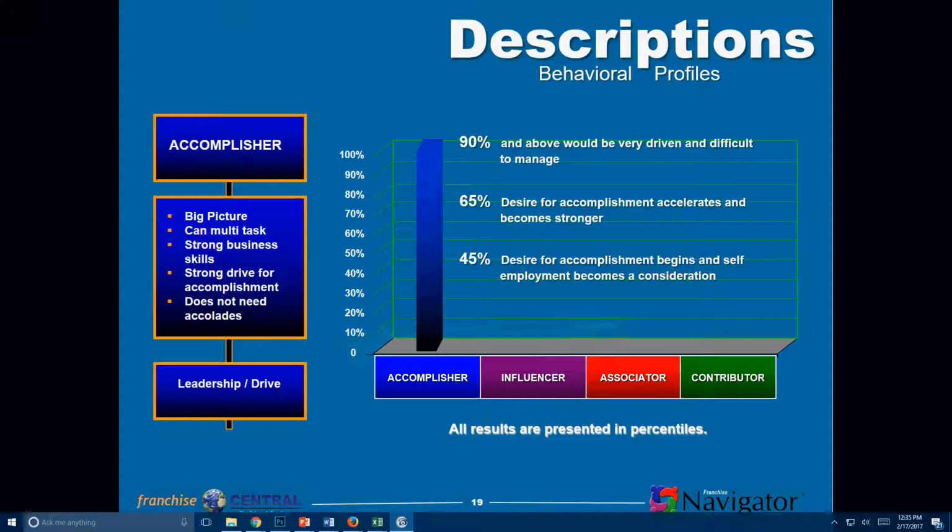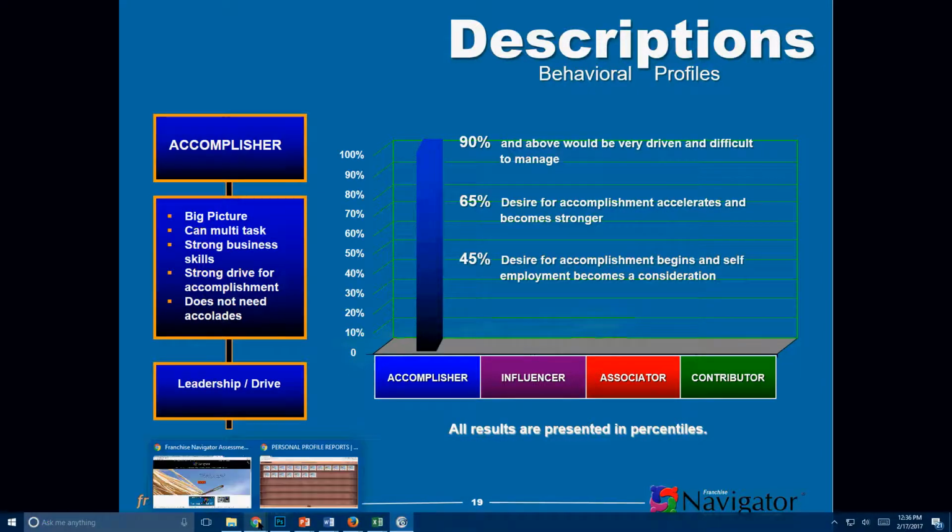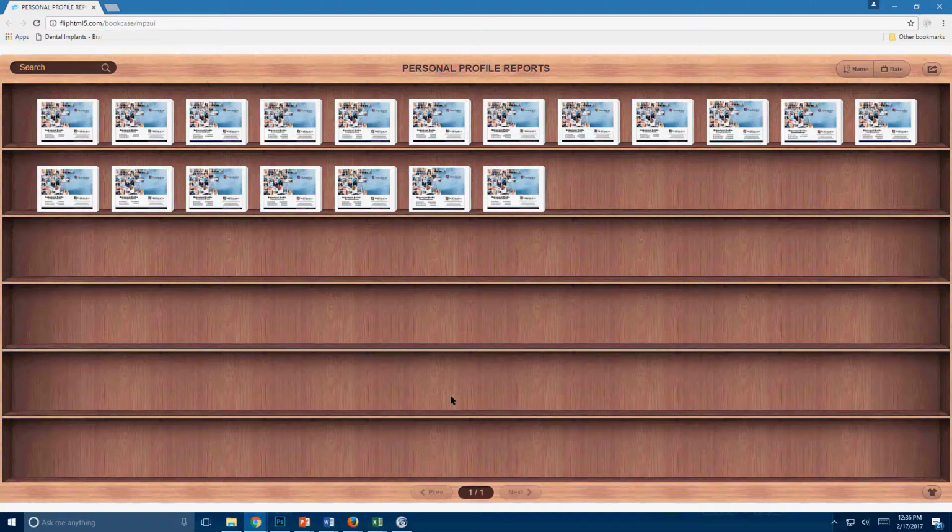Now, also, I wanted to share with you that once we get through these profiles, I will then be sending you the MP4, the videos of the two programs that we're going through now. And then we're also going to be sending to you access to a bookcase. This bookcase has all of the possible profile combinations, where we go through the dominant and the subordinate.